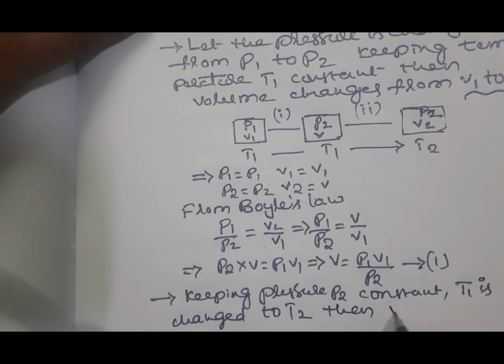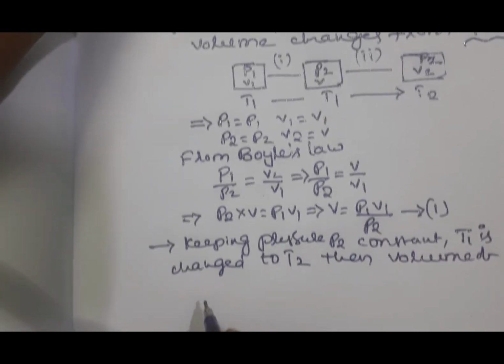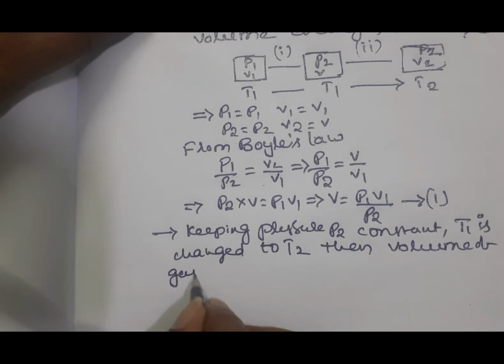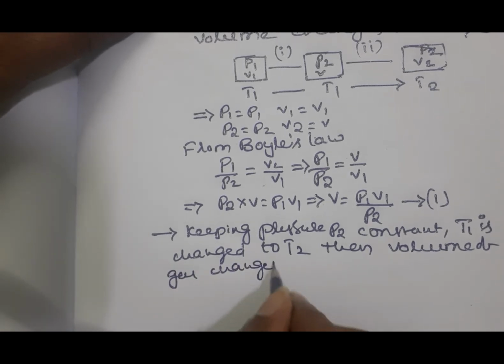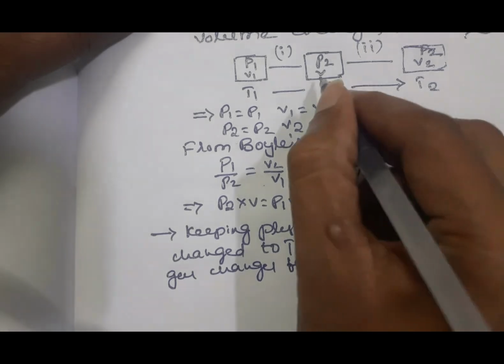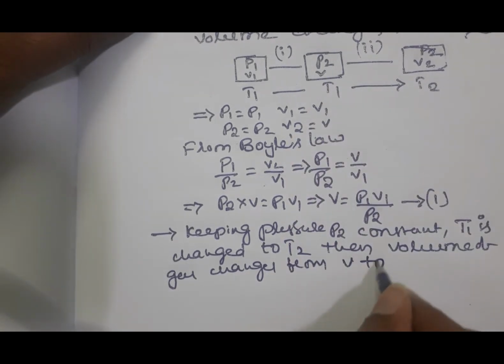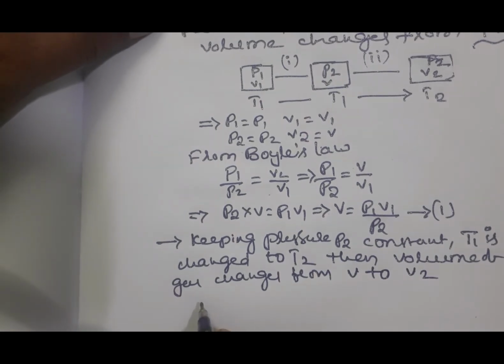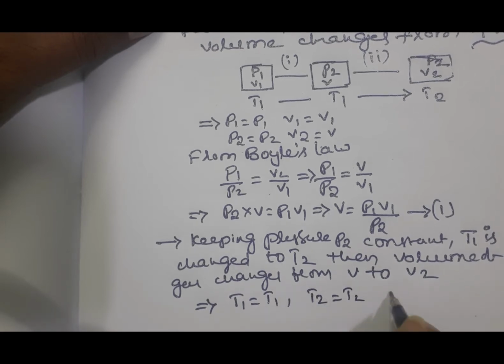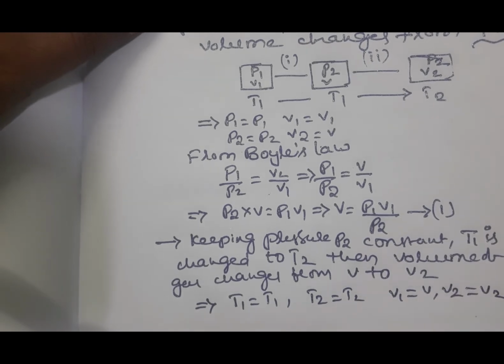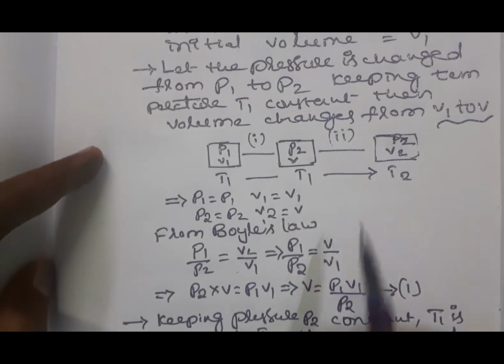Then the volume of the gas changes from V to V2. So this implies T1 is T1, T2 is T2, V1 is V and V2 is V2. The pressure is constant in the second case. So you can see it here in the second case.